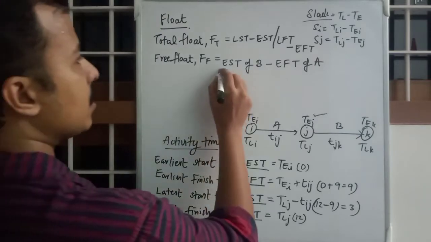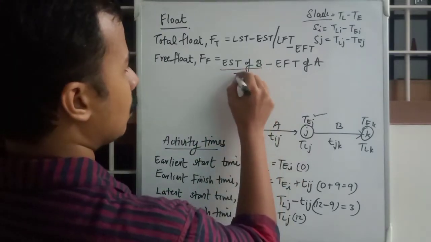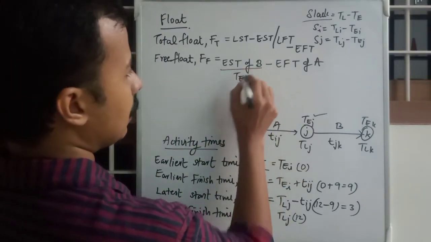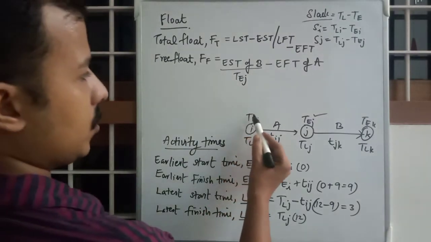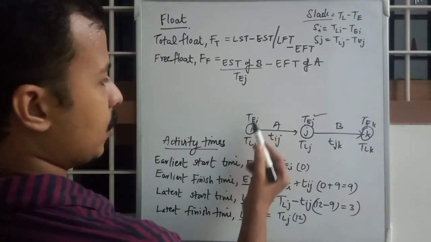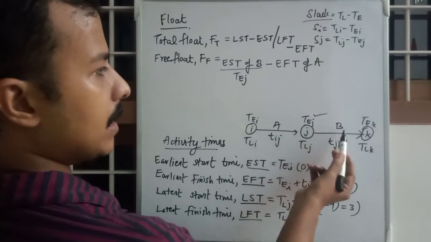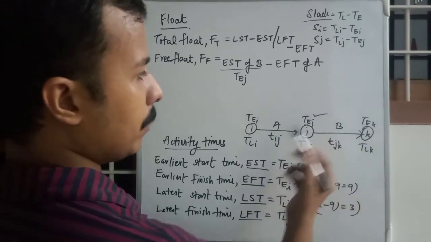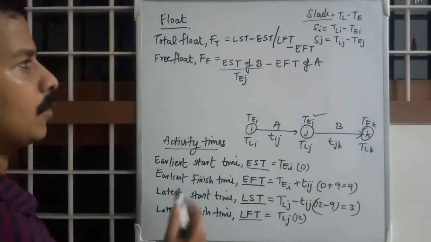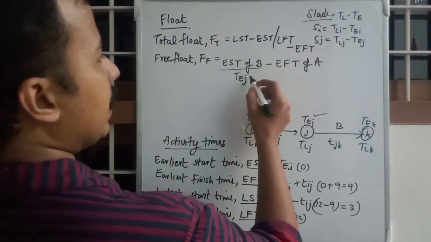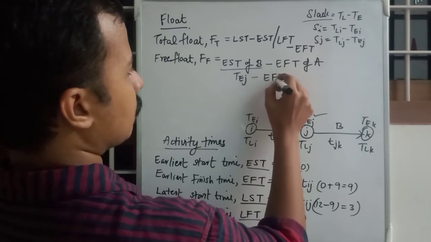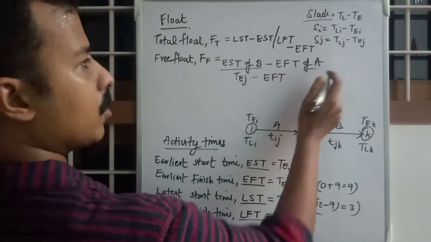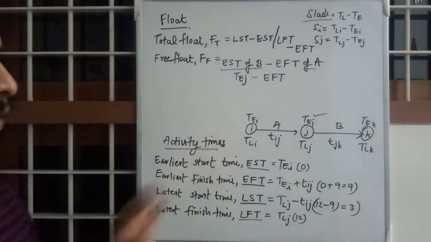So what is this EST of B? That is TEJ. Okay, right, it's clear. As TI is the EST of A, TJ will be the EST of B, right? So TJ minus EFT of A, because we are considering only this set of values.